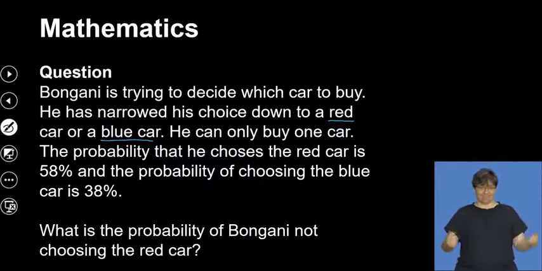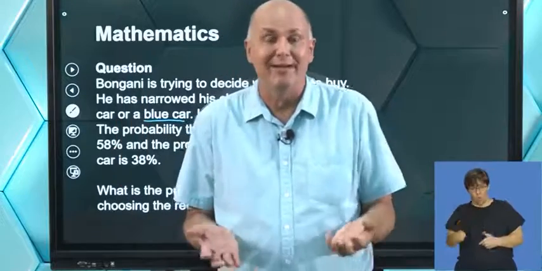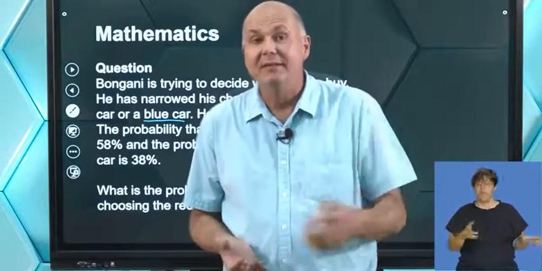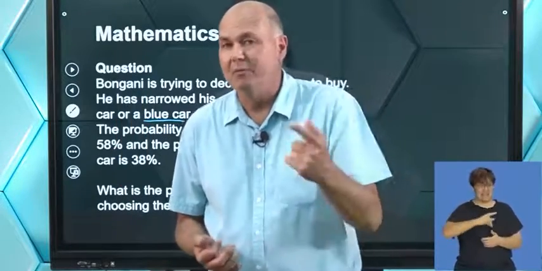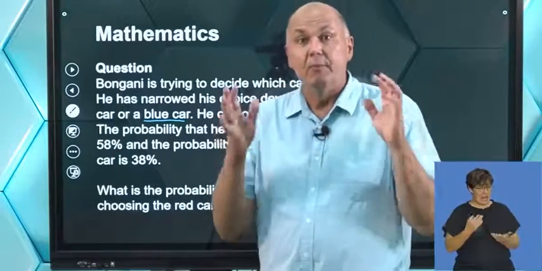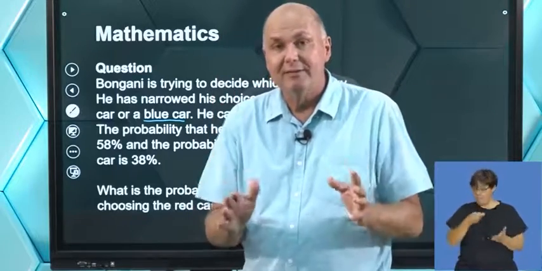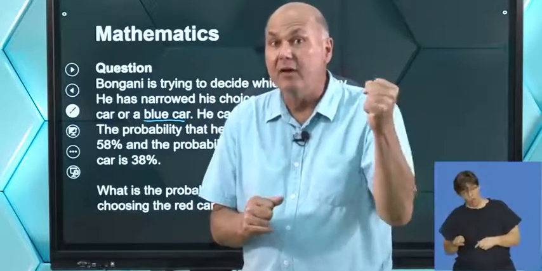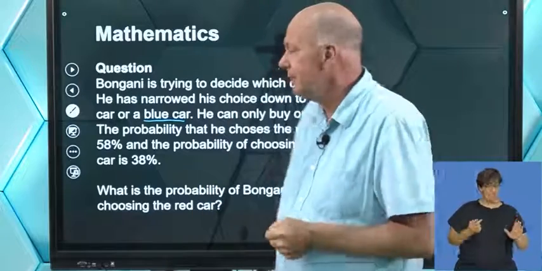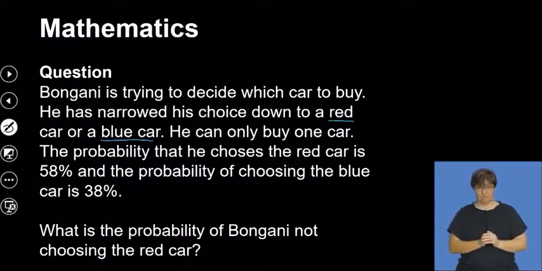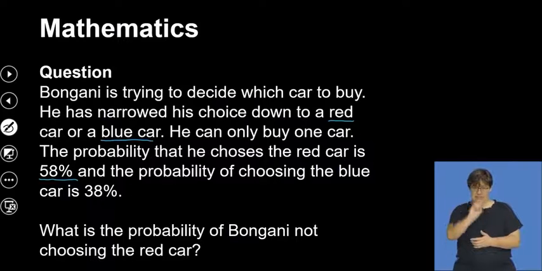Most of us, it takes a long time to buy a car. Better to save, and then you can buy it for cash. Not many of us have that discipline. But Bongani can buy one car. Recognize it. It's either a red car or a blue car. Now they tell us some details here. There's a 58% probability that he'll buy the red car, and there's a different probability of buying the blue car.